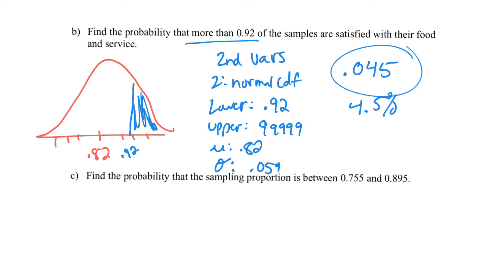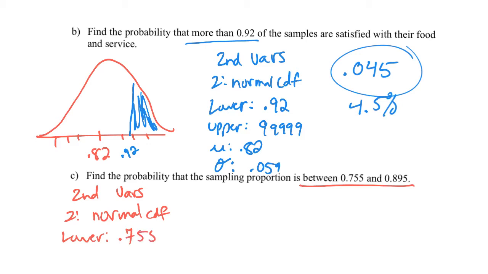Now for the last one, we're finding the probability that the sample proportion is between 0.755 and 0.895, sorry, 0.895. So, same thing. Go to 2nd, VARS. Option 2, normal CDF. Our lower bound in this case is going to be 0.755. Our upper bound is going to be 0.895.